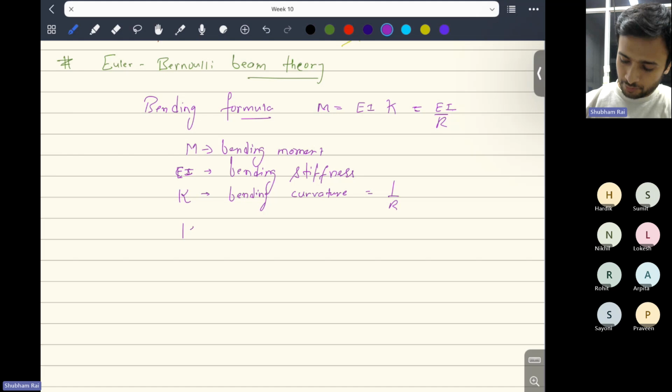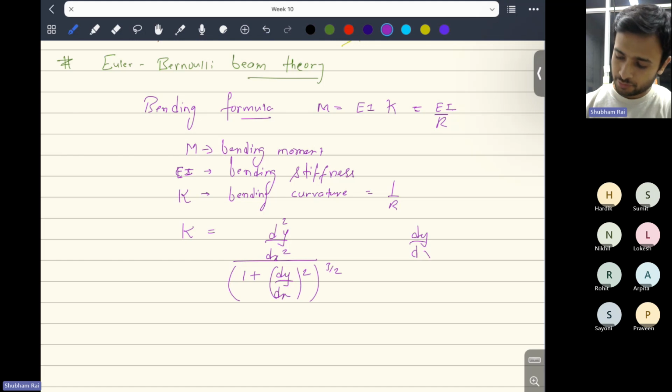The formula for kappa: curvature is always related to the second order derivative, and it has a first order derivative also. So this is the exact formula, with the power of 3 by 2.